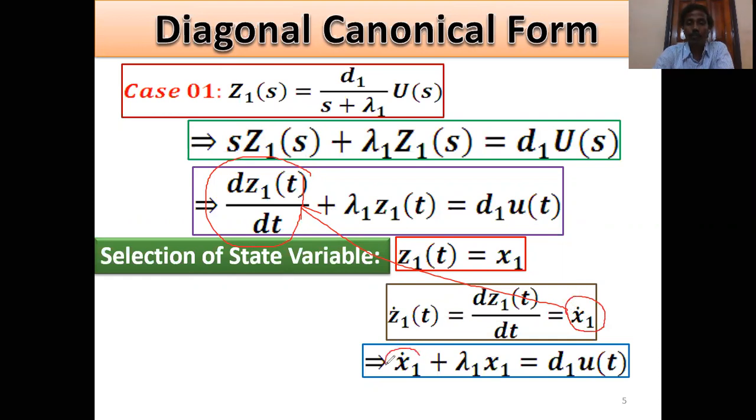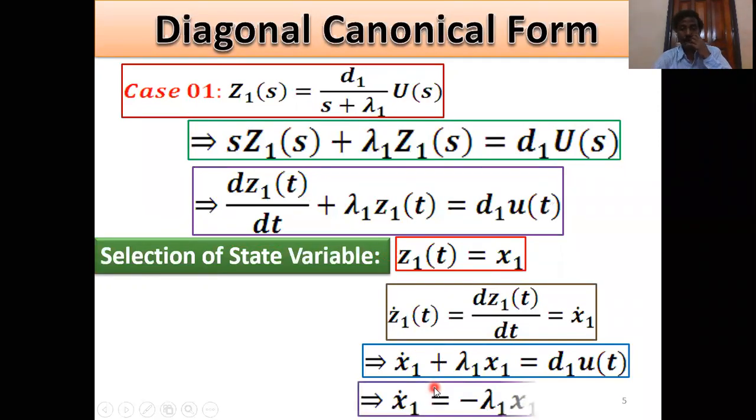So put here x1 dot plus, this is the plus sign, and then lambda 1, this is the lambda 1 term, and z1(t) equals x1, then the right hand side d1 into u(t). So this is the state equation: x1 dot equals minus lambda 1 x1 plus d1 into u(t).